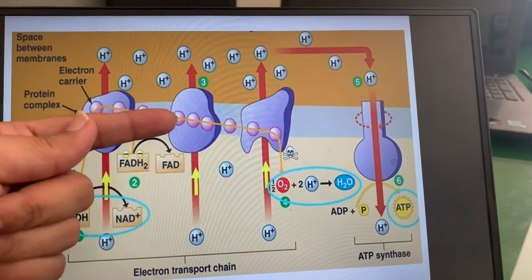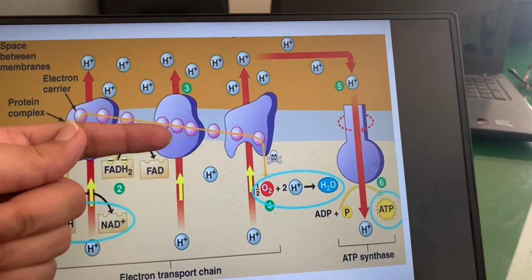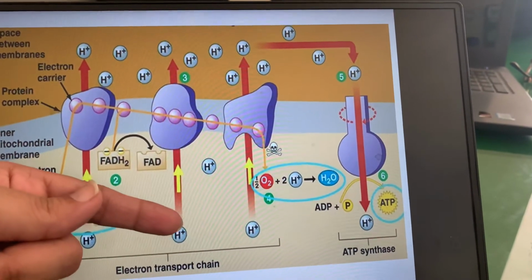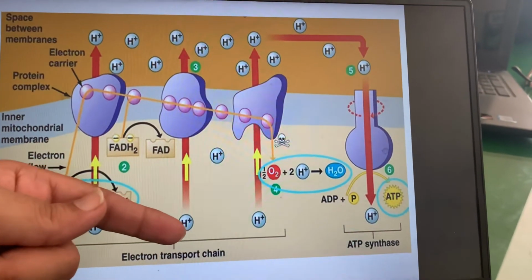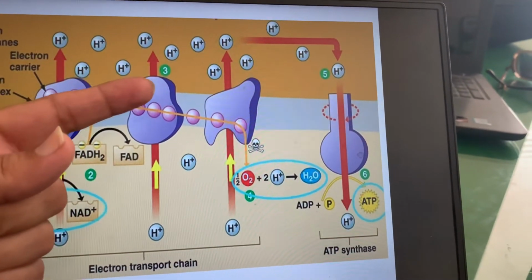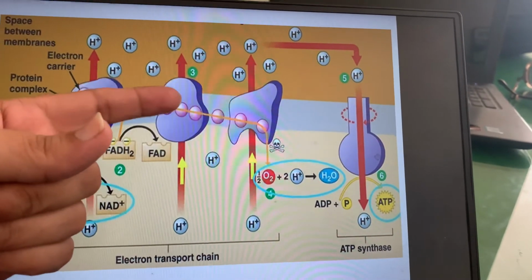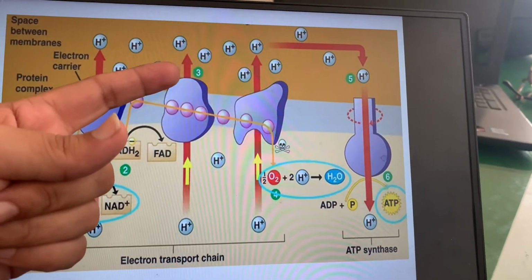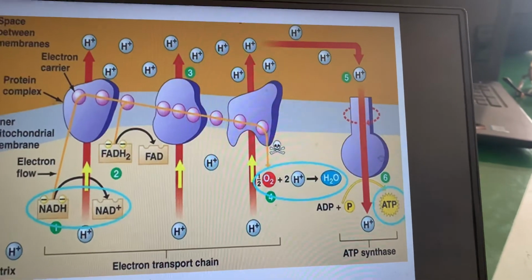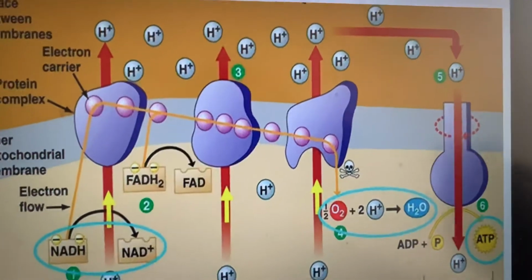These electrons further move to the third protein complex, and again hydrogen is moved from inside the mitochondrial matrix to the outer space, protruding out from the inner membrane, again increasing the concentration of H positive outside the inner membrane of the mitochondria.